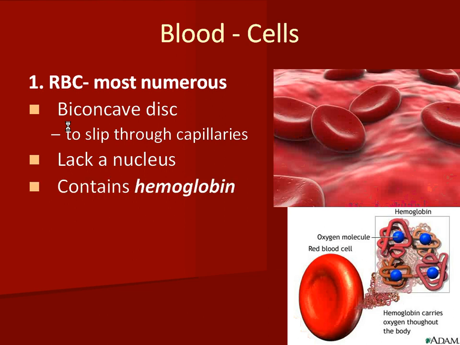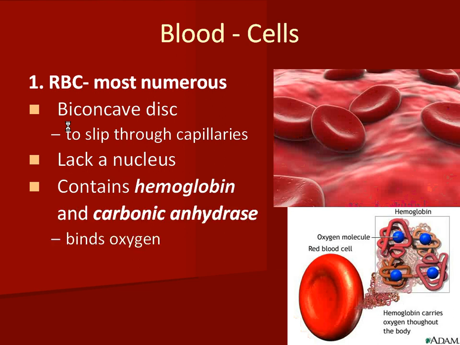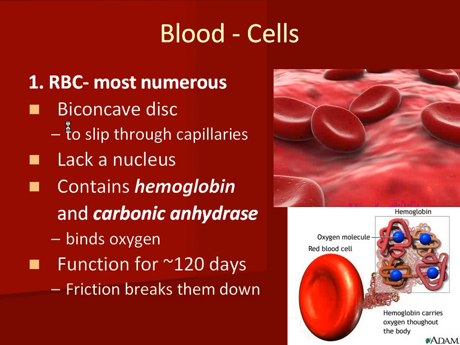We know that's the 4 seats for oxygen. Sits there in a tense state. When the first oxygen binds, it opens up into a relaxed state, and the other oxygens can bind on that cooperative binding of hemoglobin. We saw that last unit. Carbonic anhydrase is going to convert CO2 into bicarbonate and back the other way as well.